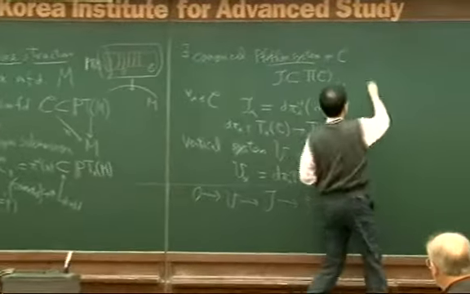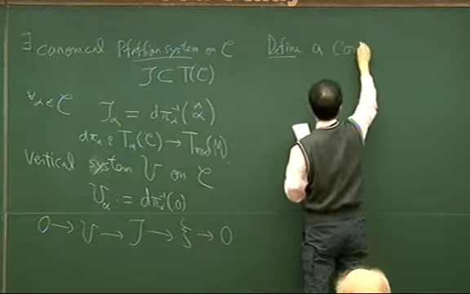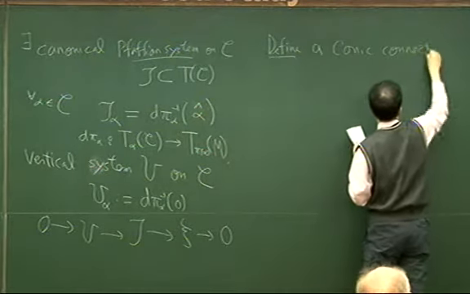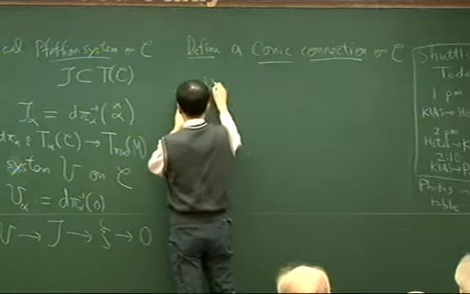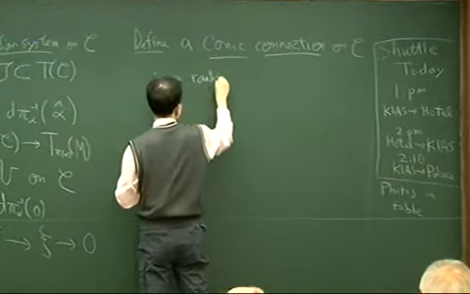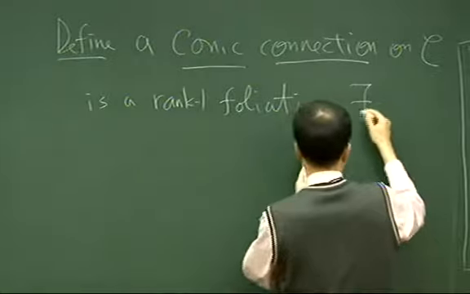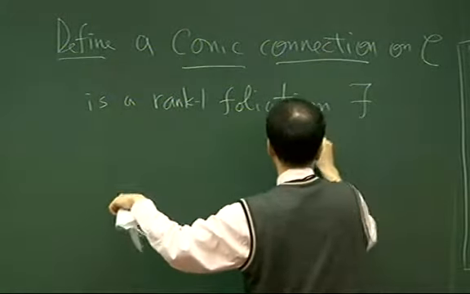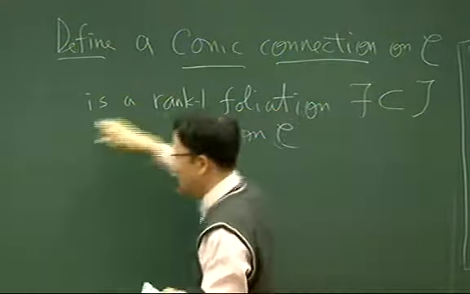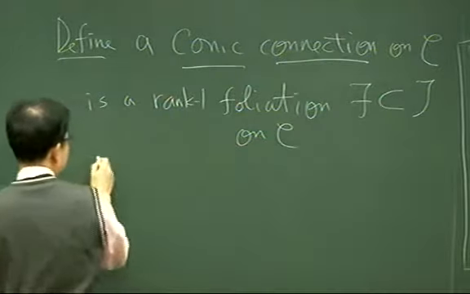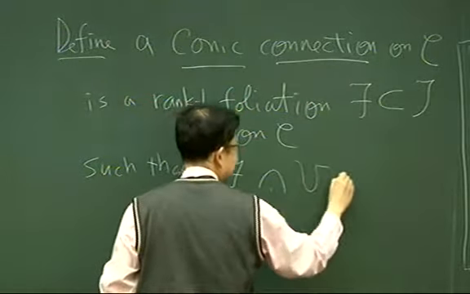Now I define a conic connection. A conic connection is a rank 1 foliation on C, but this is now contained inside this system T, such that it intersects V transversally.